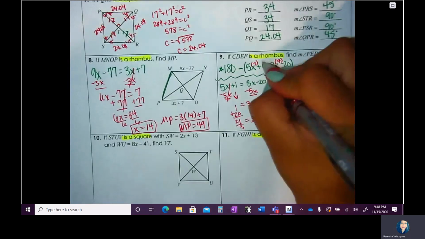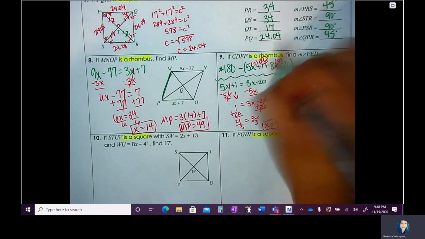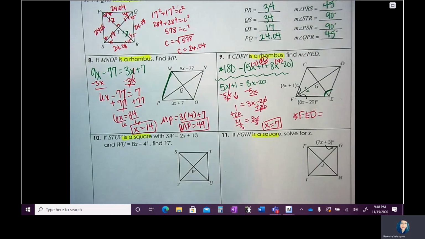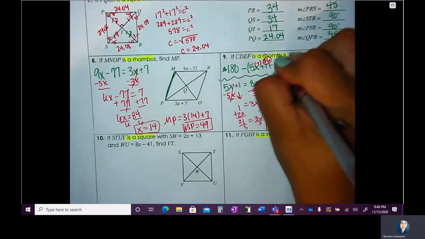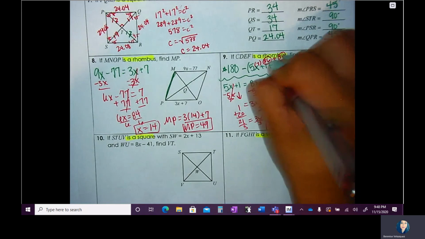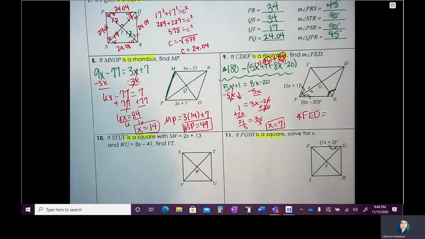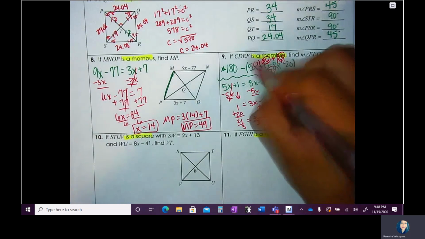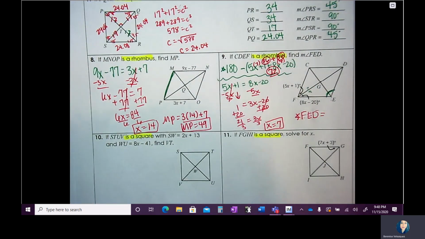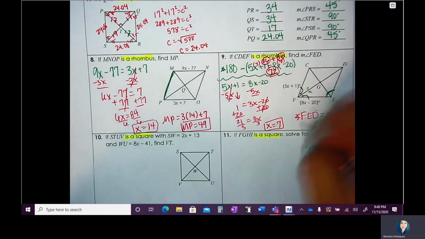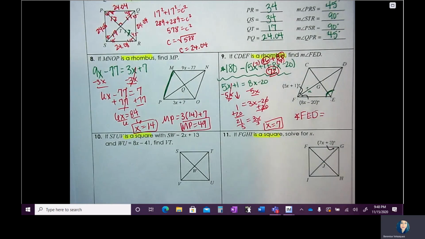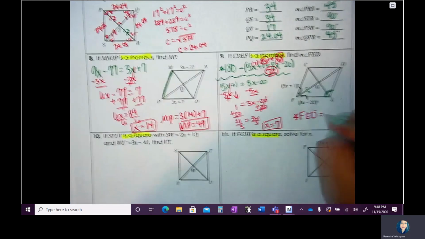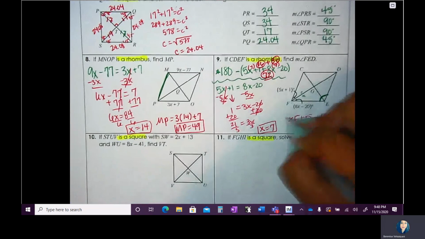But just to test it out, the next one, 8 times 7 minus 20, should be another 36. We take those two and add them together. So 36 plus 36 gives me 72. Now all I'm doing is 180 minus 72, and that gives me 108. That's my answer.